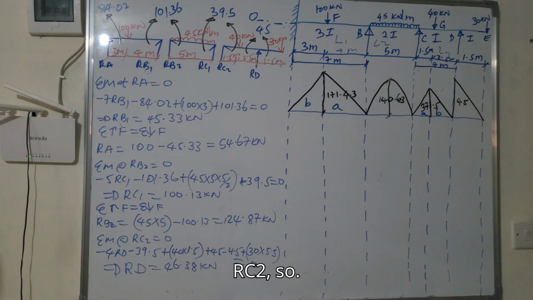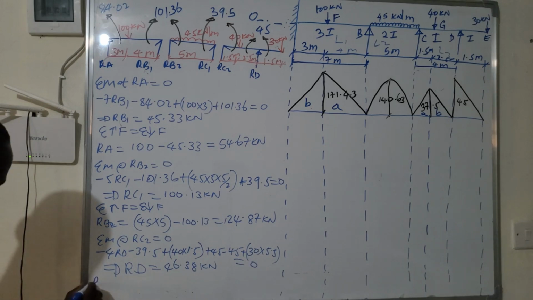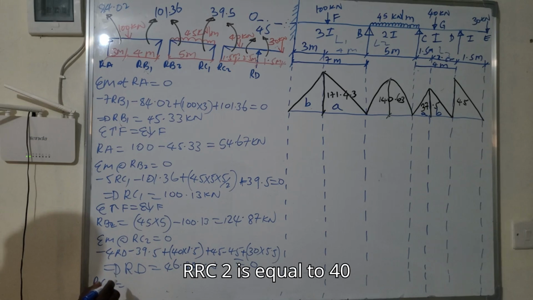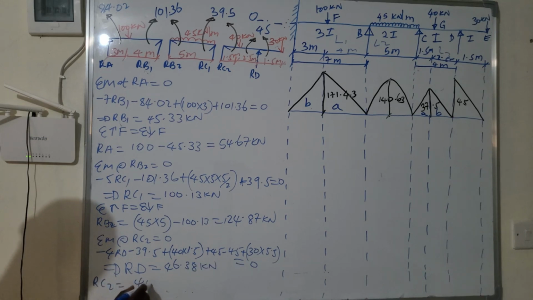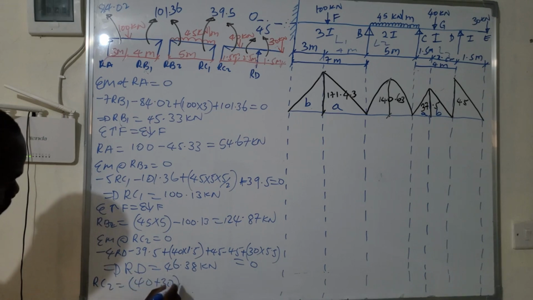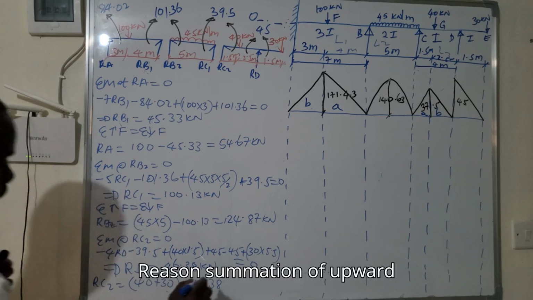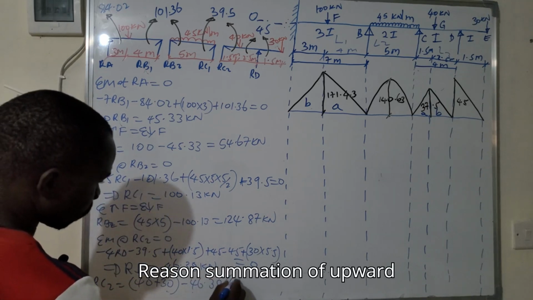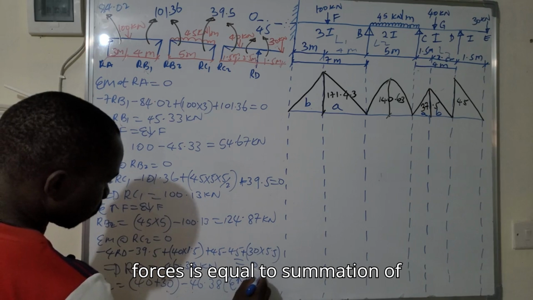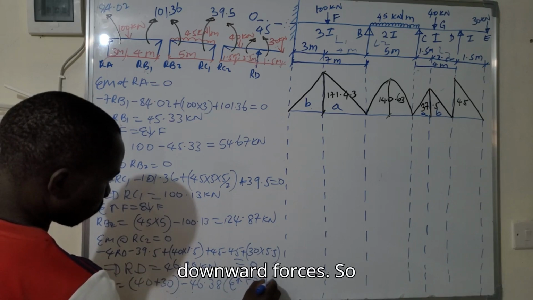Then we'll proceed to RC2. So RC2 is equal to 40 plus 30 minus 46.38. Reason, summation of upward forces is equal to summation of downward forces.